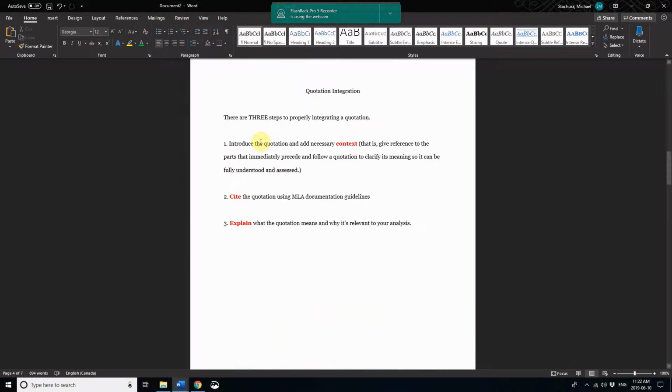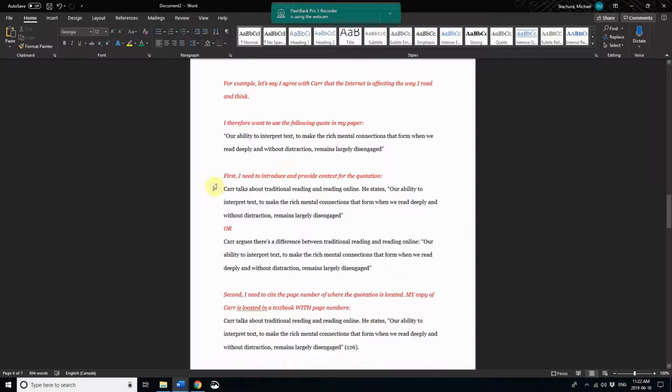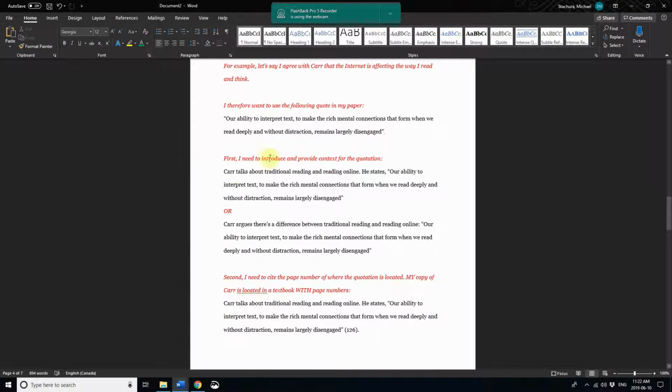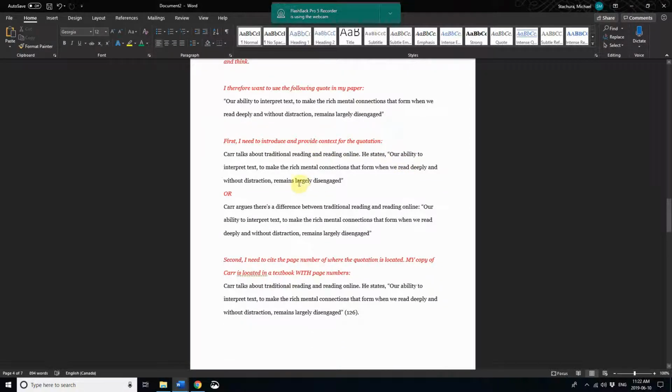So as I said up above here, there are three steps. First, I need to introduce and provide context for the quotation. So this is what I do, okay? I say something like this. Carr talks about traditional reading and reading online. He states, our ability to interpret text, to make the rich mental connections that form when we read deeply and without distraction, remains largely disengaged.